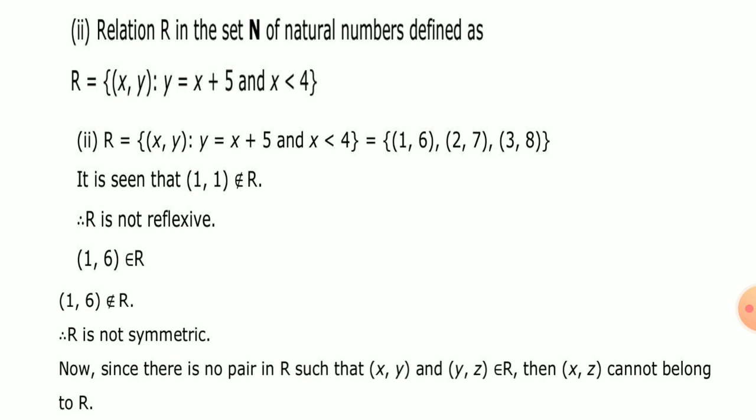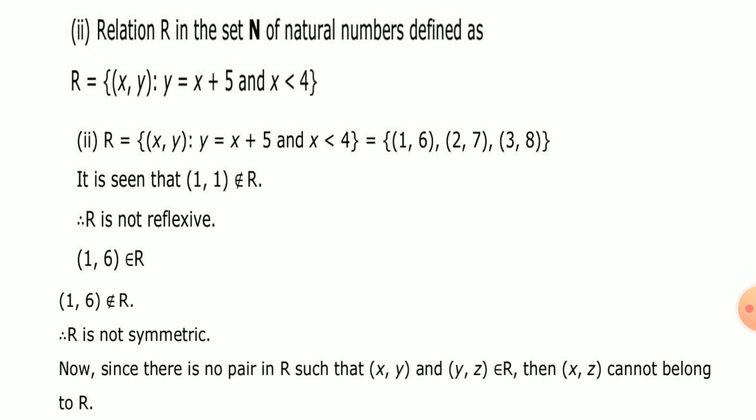Next pair (3, 8) belongs to R: 3 is assigned with 8, but 8 is not assigned with any element. So we cannot join any two assignments to get an extended relation. Hence the transitive condition is not contradicted here, so therefore R is a transitive relation. Therefore R is neither reflexive nor symmetric, but it is a transitive relation.